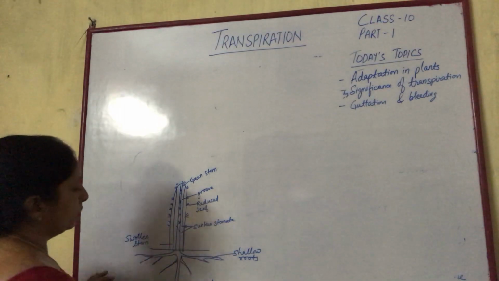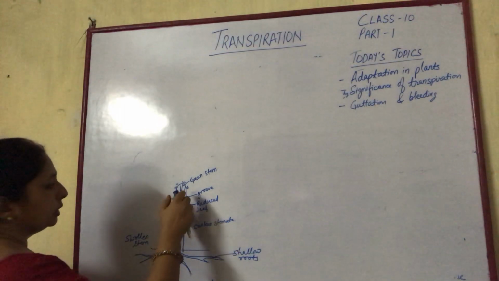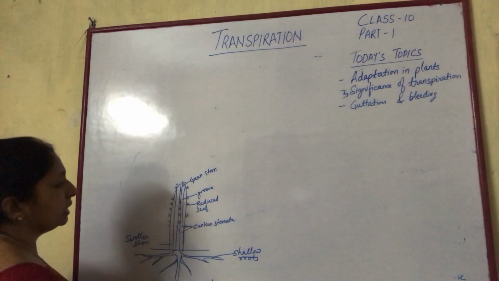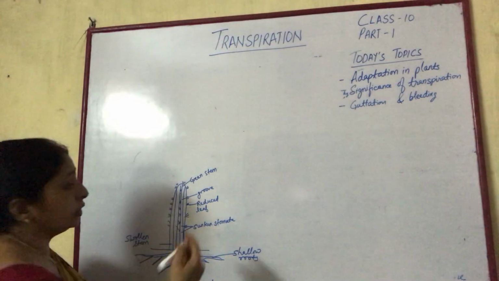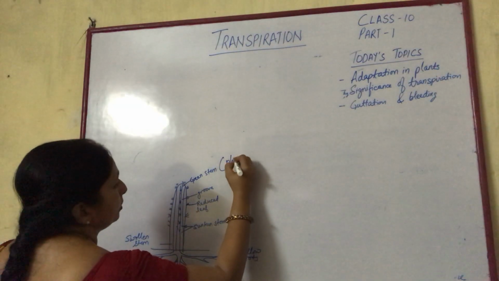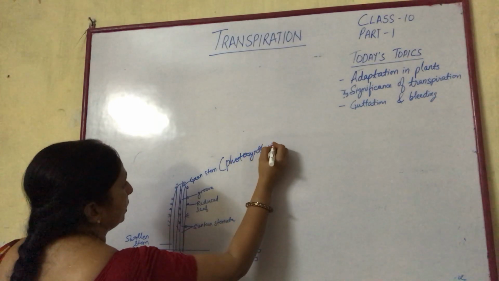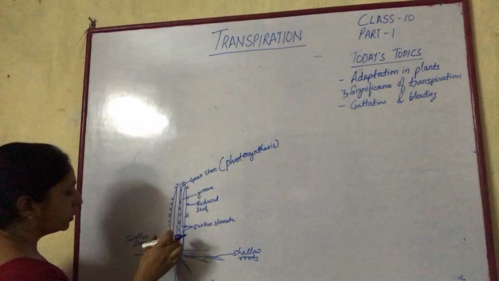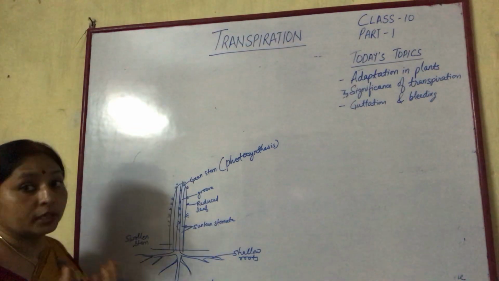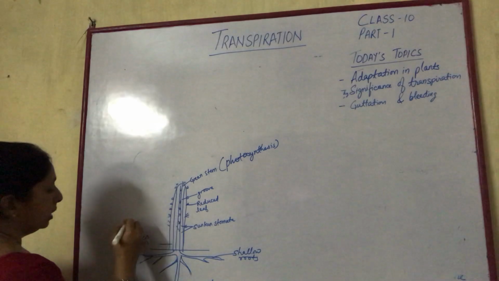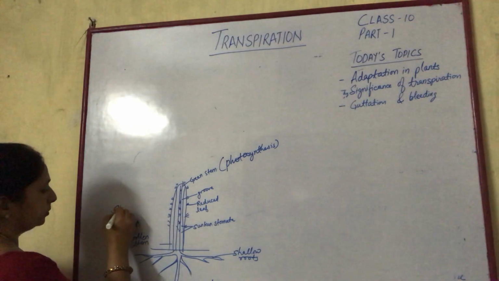This is the diagram of the cactus plant. The plant has a green stem, which is responsible for photosynthesis. And the stem is swollen, which is helpful to store water.